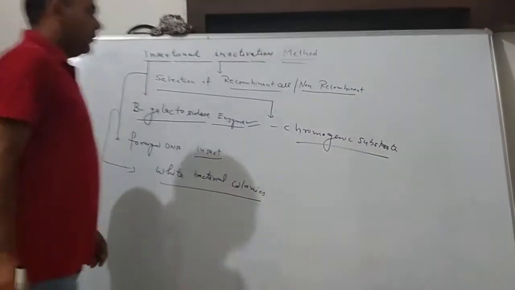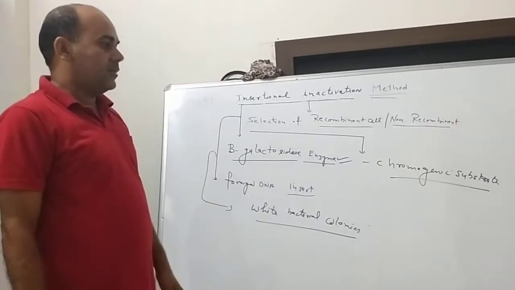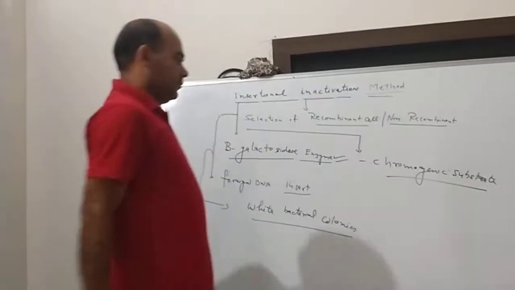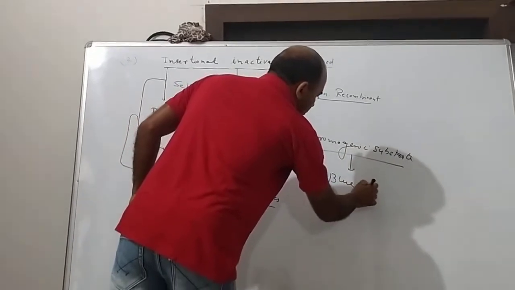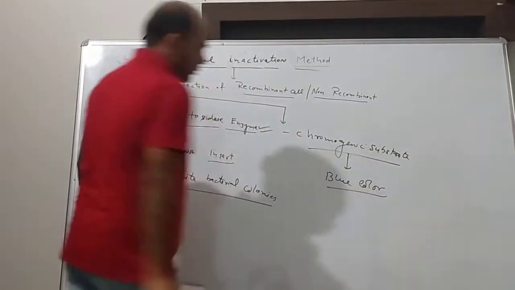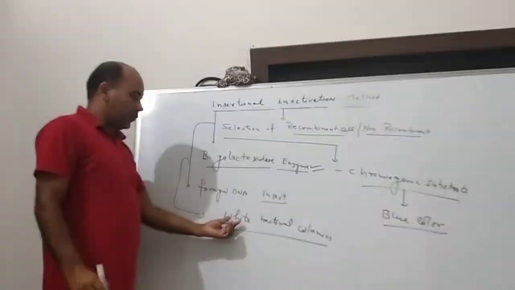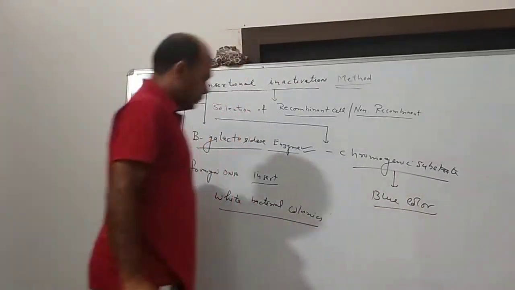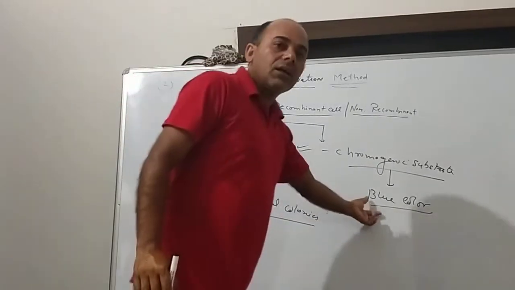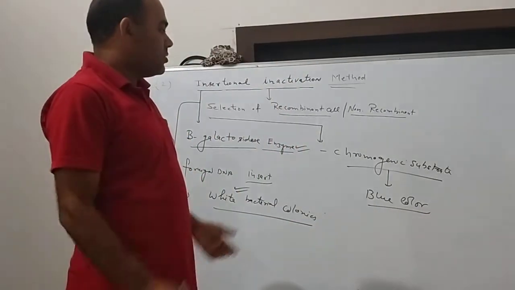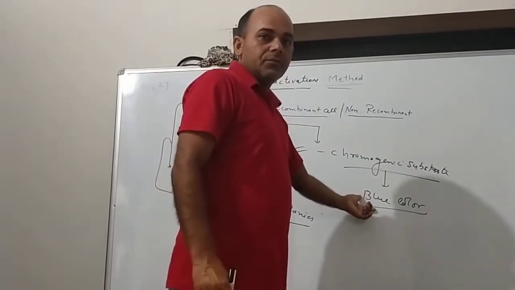What will happen? This chromogenic substrate will develop a color that is called blue. Here it is called white, here it is called blue. This is called colorless, or this is called colored. The color which is produced here is blue.